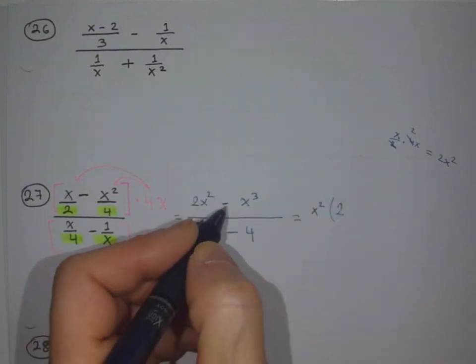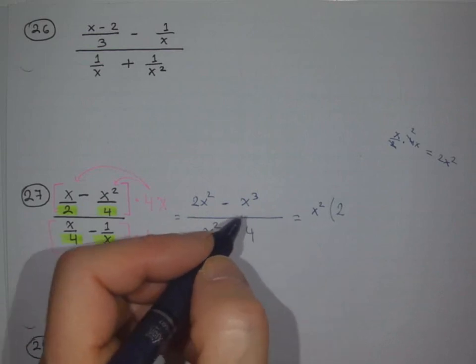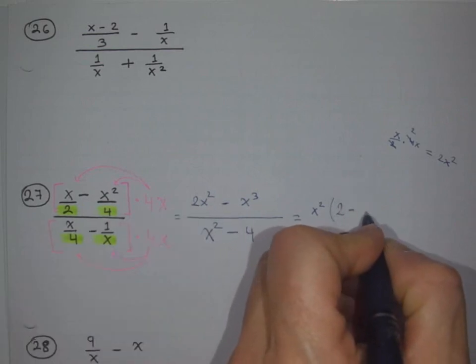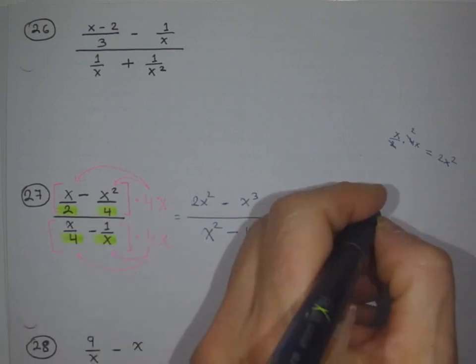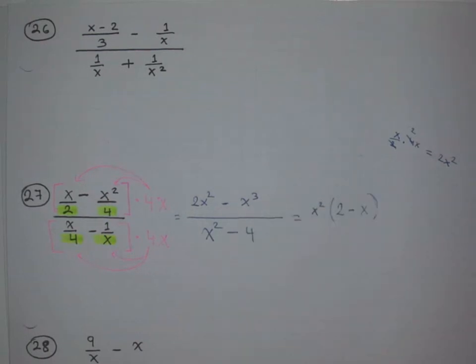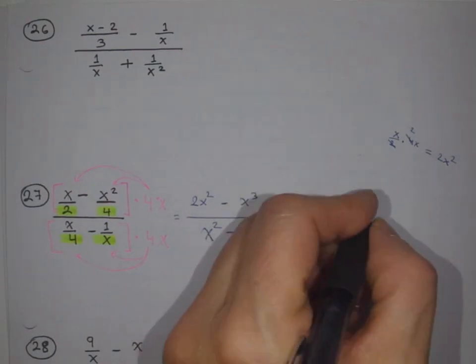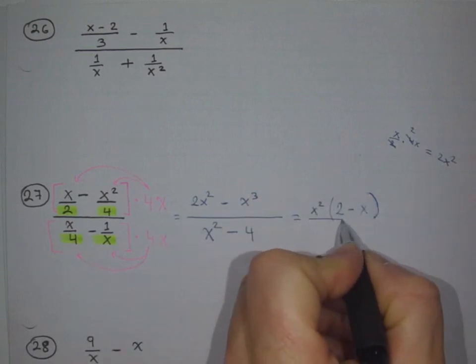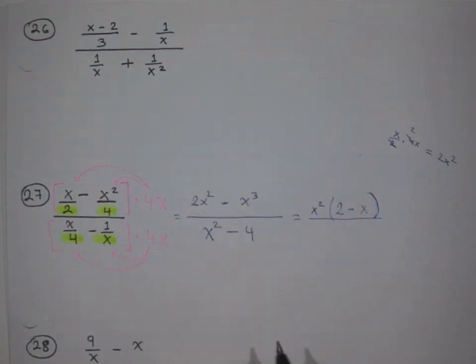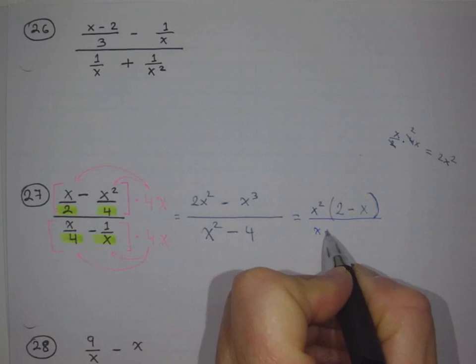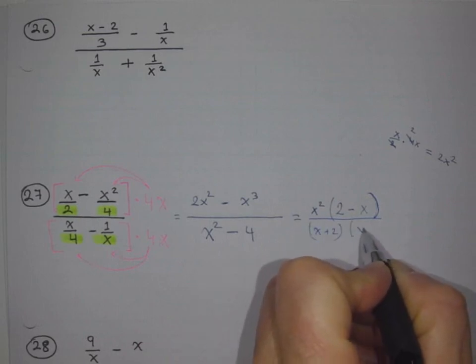And a negative x cubed divided by x squared will be left with a minus x. All my pens are getting tired here, they don't want to work anymore. It's late already. And then this will be the same thing as x plus 2, x minus 2.